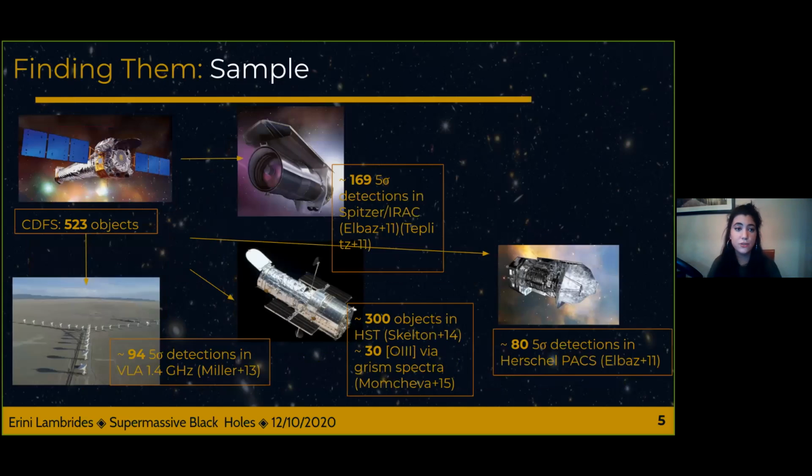And we wanted to start with the deepest X-ray survey to date, the Chandra Deep Field South 7 megasecond. It's centered on GOODS-South, so we have a lot of wavelengths to work with, which is great because AGN are a multi-wavelength phenomenon. And so we cross-match everything.